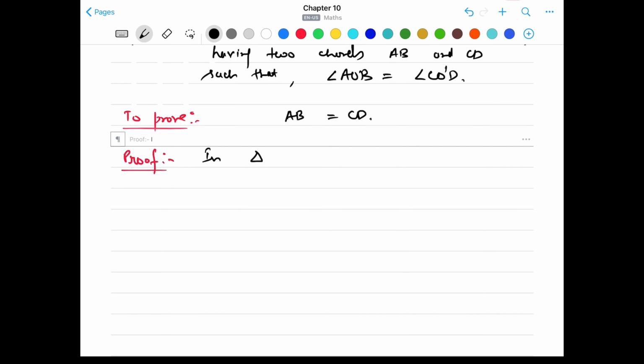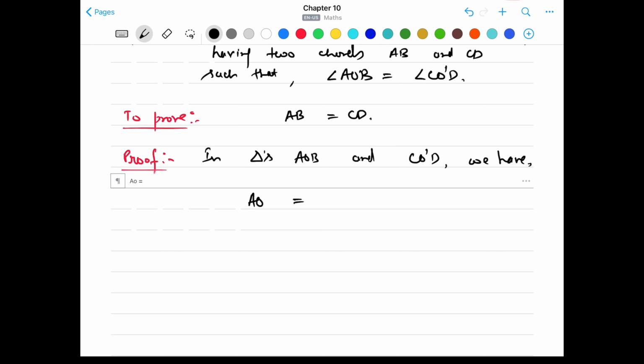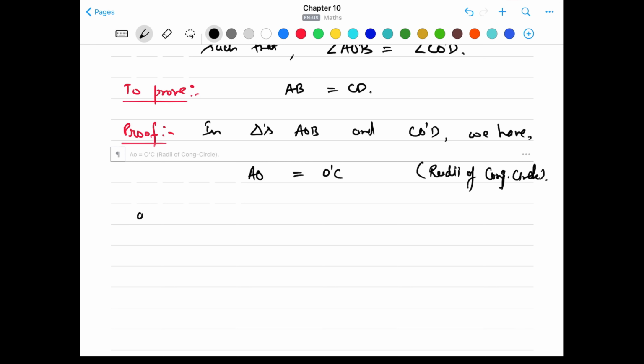In triangle AOB and triangle CO'D, side AO is equal to O'C because they are the radii of congruent circles.